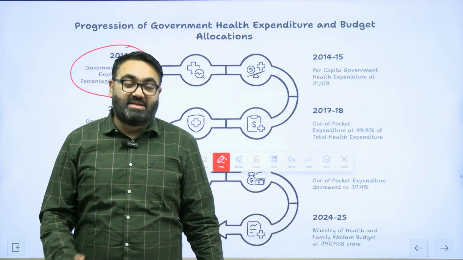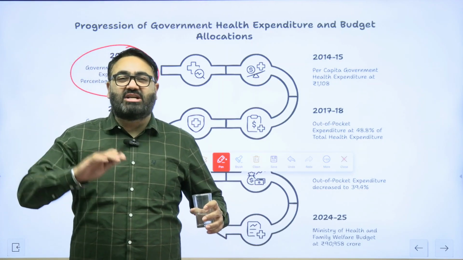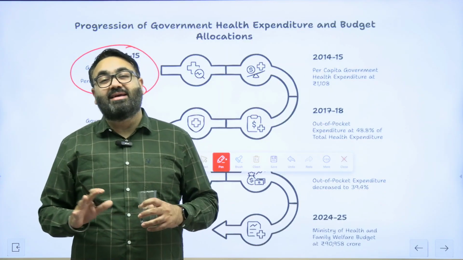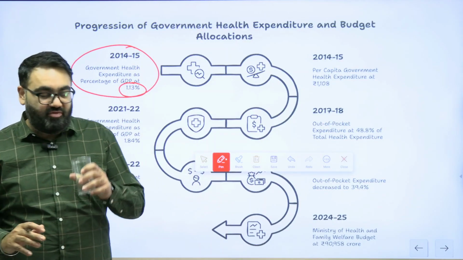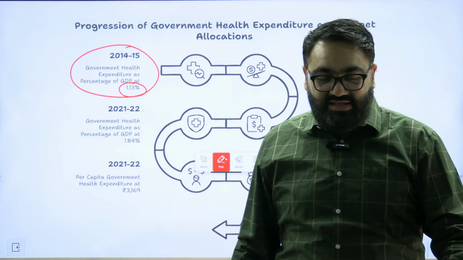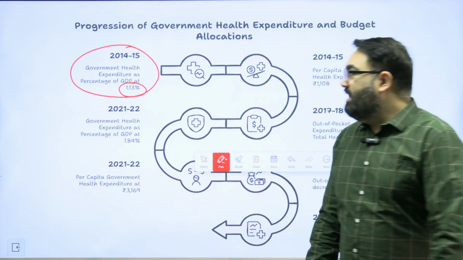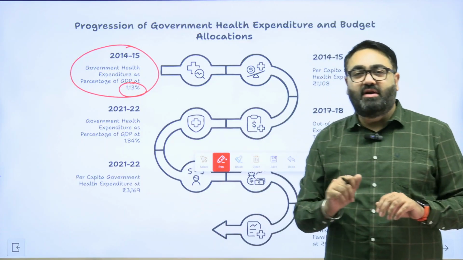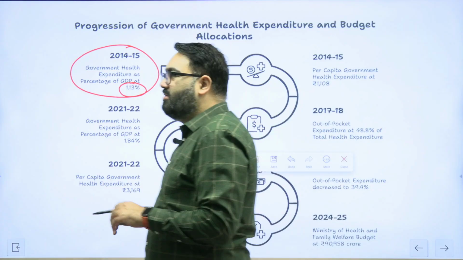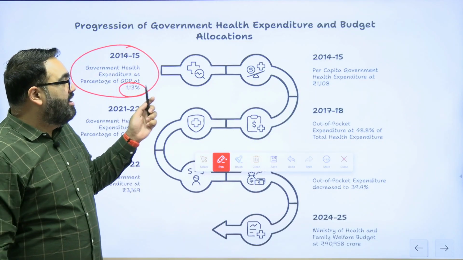Again, please remember, GDP should not be seen as the total expenditure made by the government in a year. No, that is not what we are saying. GDP rather is the expenditure made by everyone in the country. Only 1.13% of it was a part of the government health expenditure.